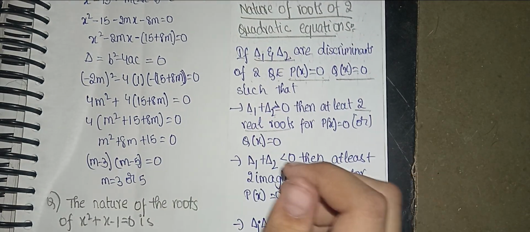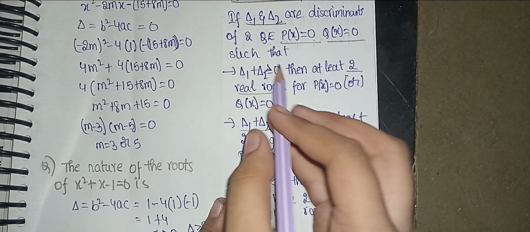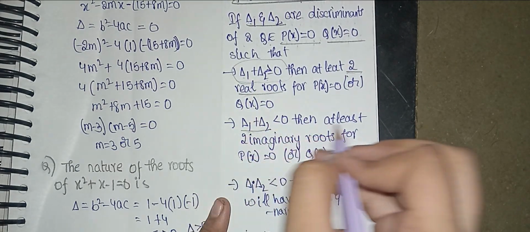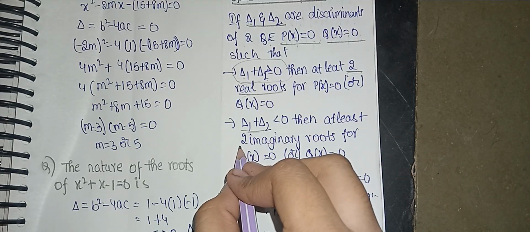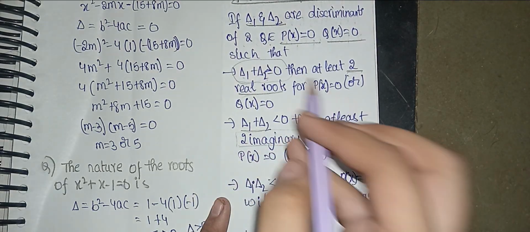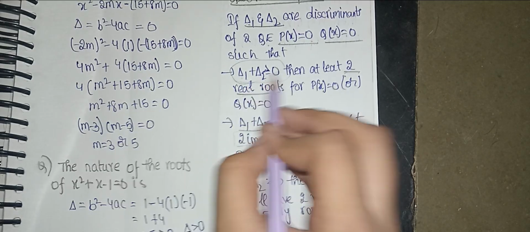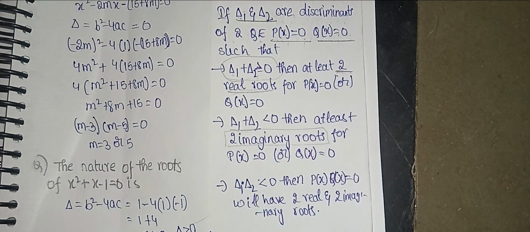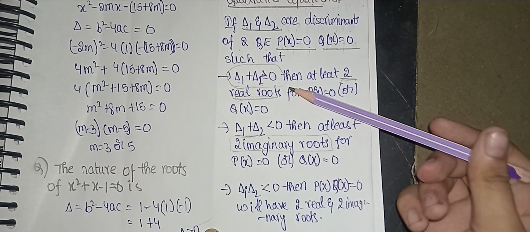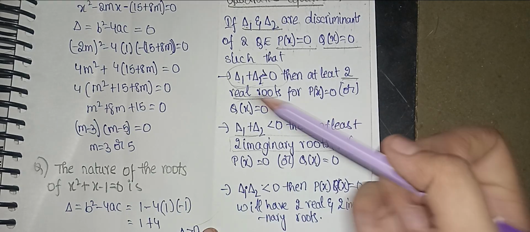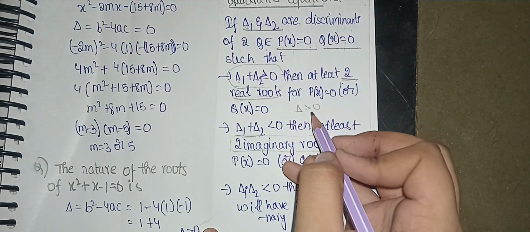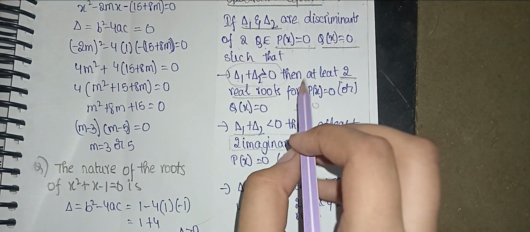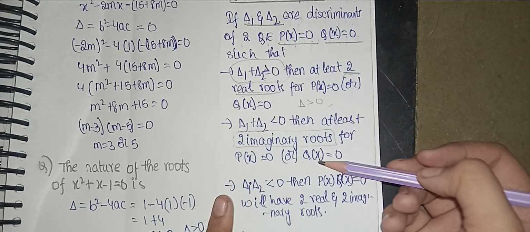If it is positive or equal to 0, we'll have two real roots. If it is negative, we'll have two imaginary roots. This one will be easy to remember because if delta is positive means there will be two real roots, right?